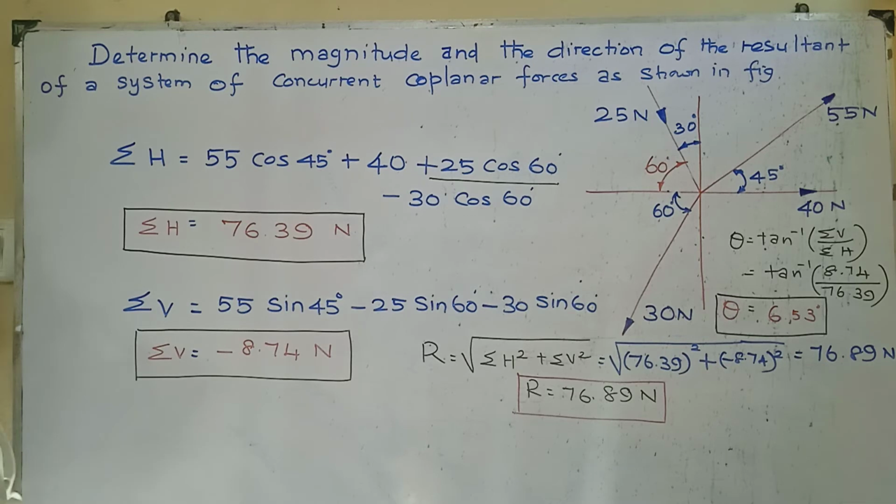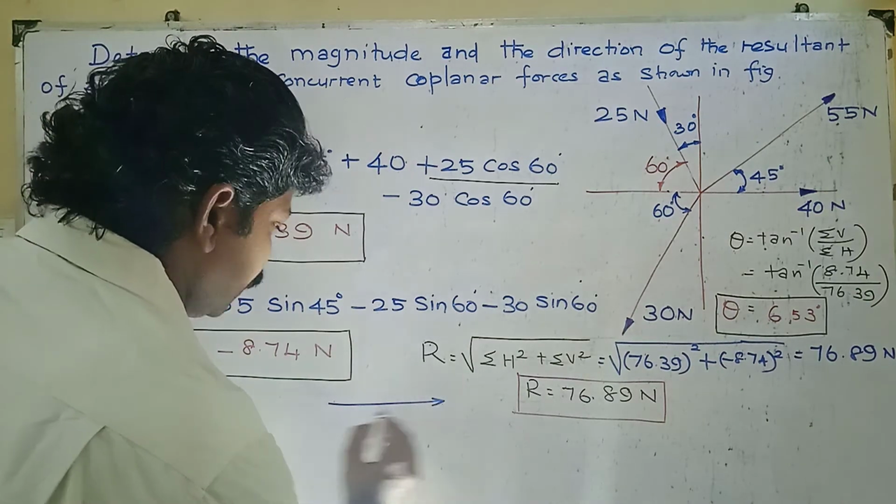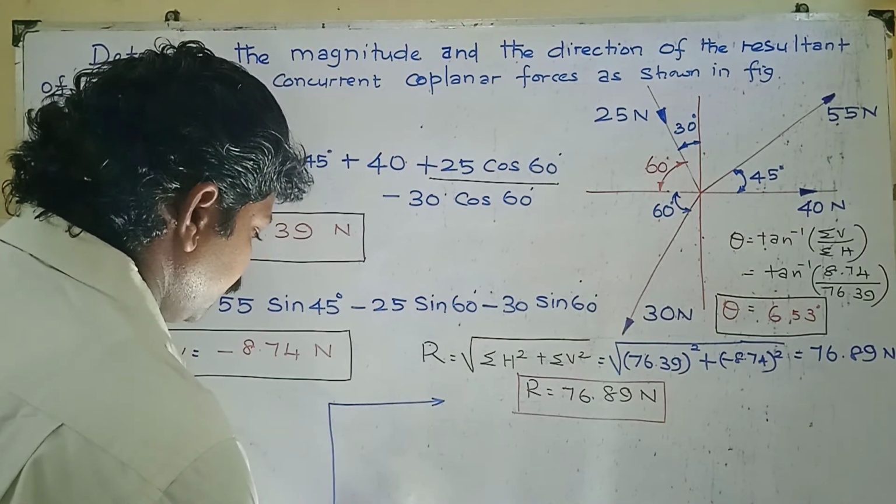So how to draw the resultant diagram? Sigma H positive direction, sigma V negative direction.